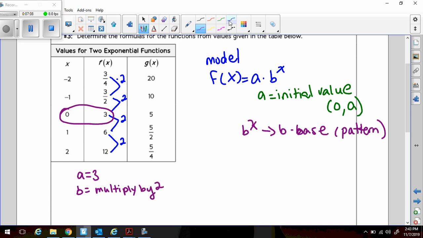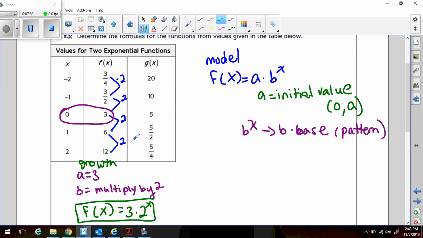Sometimes it's a fraction. This is growing, so this is going to be a growth formula. It's getting bigger as we go down. So my function is going to look like f of x equals 3. A comes first. Times b is my base. That's what we're multiplying it by, to the x. This is going to be my function. Circle it. This is it.